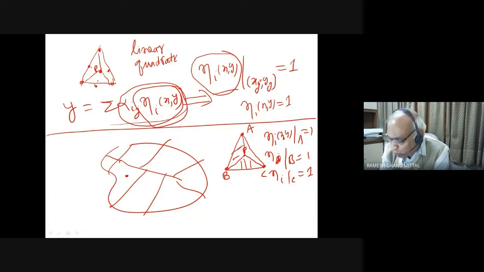So you have a barycentric coordinate system, and you get all three values for a triangle.